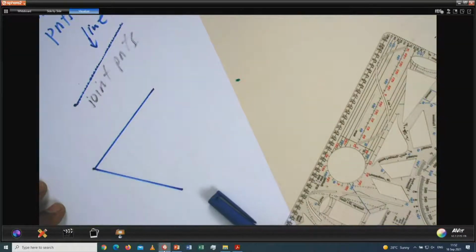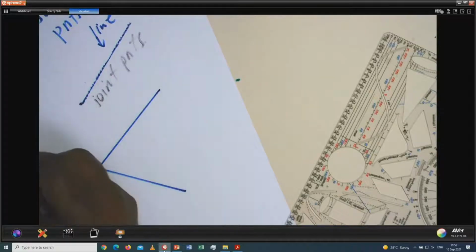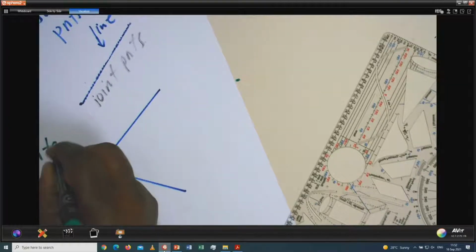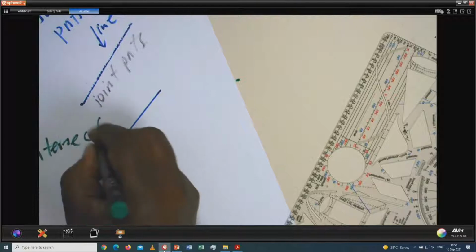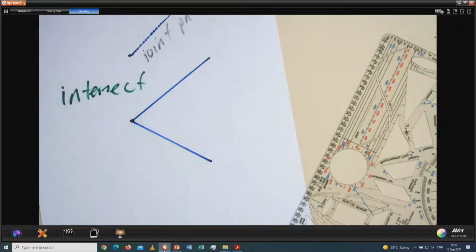I drew the lines to meet at the point. But remember, the issue here is how to take it to mathematical language. When the lines meet, mathematically we say the lines intersect.